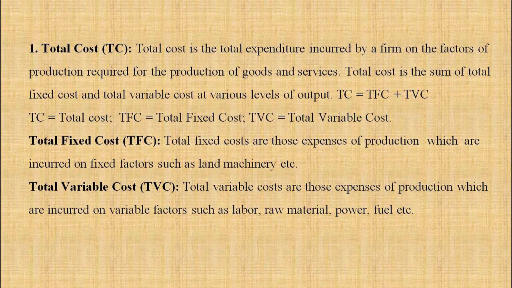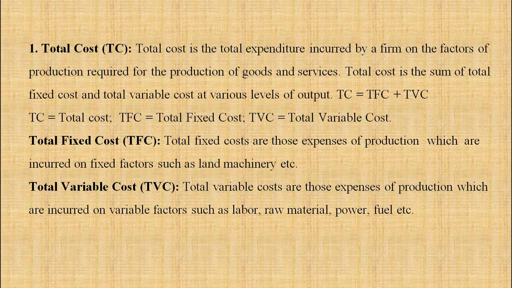Total fixed means there is a fixed cost; always we can't change that. Variable means it keeps changing. So total cost is equal to TFC, which stands for total fixed cost, plus TVC, that is total variable cost.